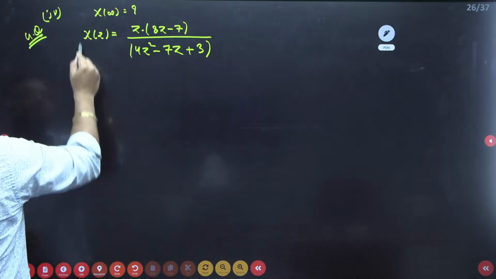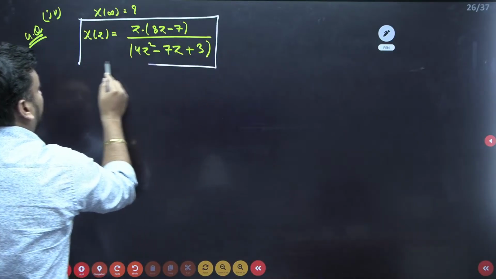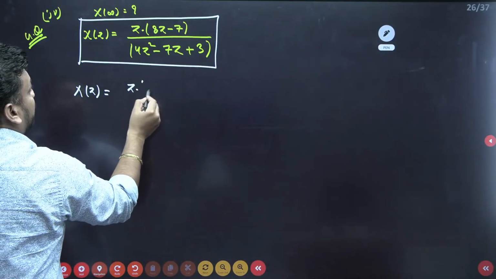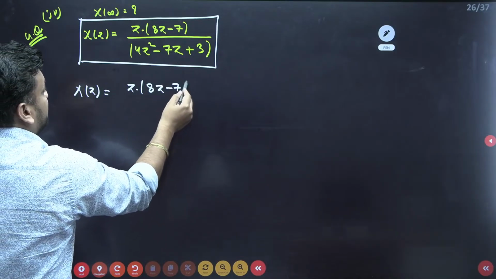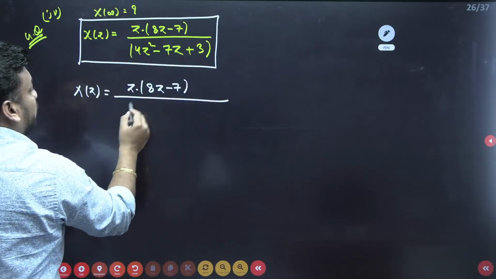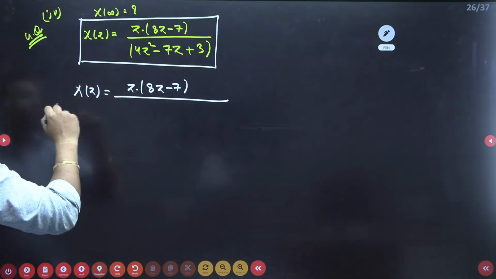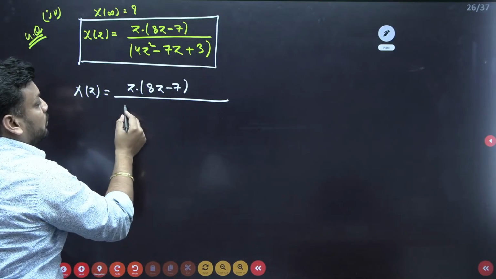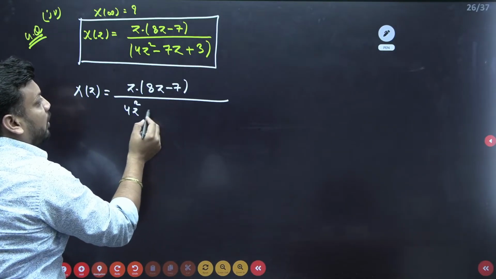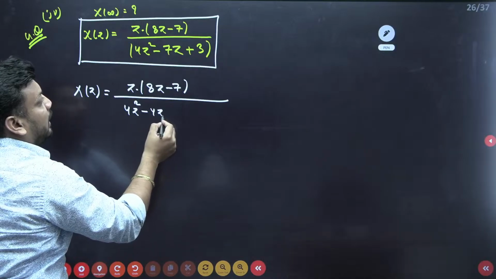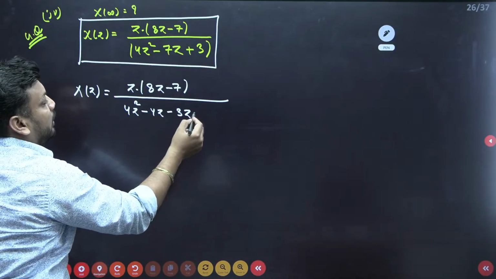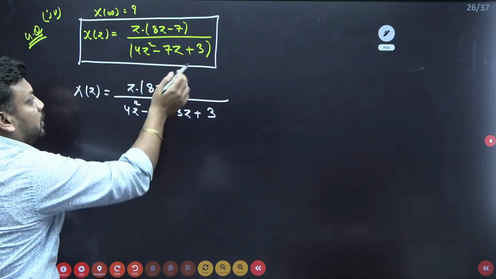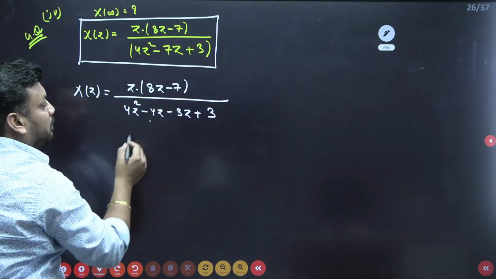Now tell me guys, if you make the partition here, what do you get? X(z) equals z into 8z minus 7 upon, 4 3s are 12, so I can write 4z square minus 4z minus 3z plus 3. Why? Because 4 3s are 12, minus minus plus 12, and when you add it will be minus 7.